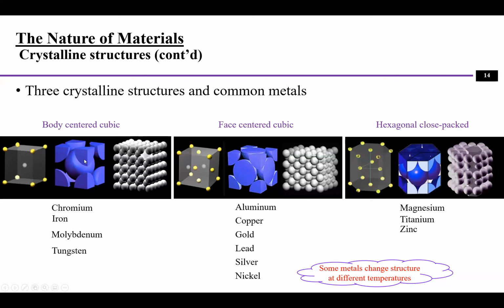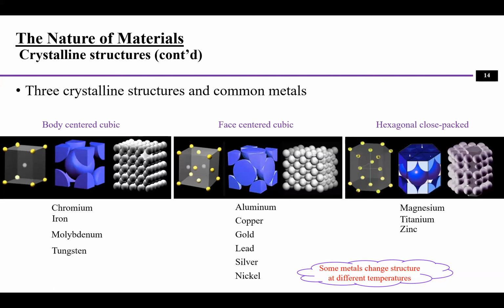Of course, compared to the body-centered cubic structure, they are not as tightly packed, but they still have a very tight structure, and a lot of metals have this face-centered cubic structure. Aluminum, copper, gold, lead, silver, and nickel all have it.